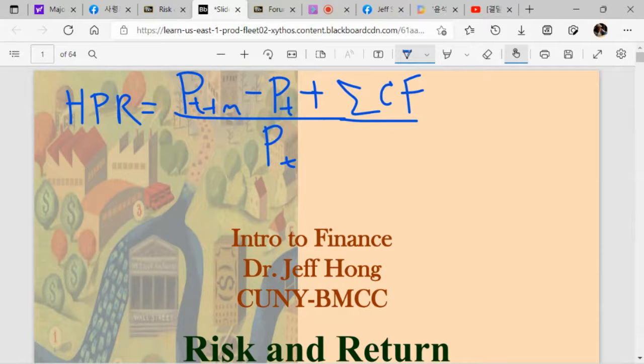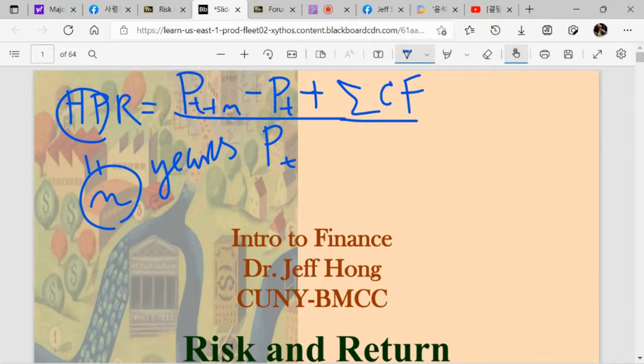So holding period in this case is n. But you all understand that holding period can be in any shape or form. In other words, it can be years, months, days, or even hours, or quarters. So we'll just assume that these are years, N years.